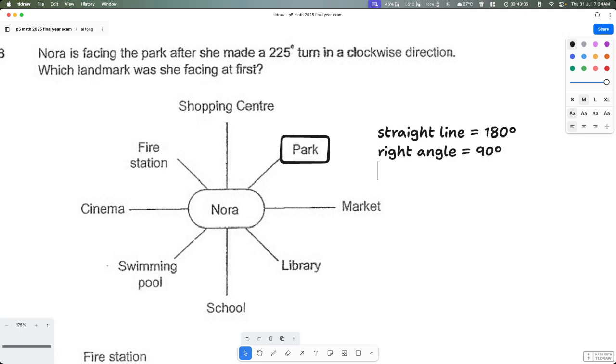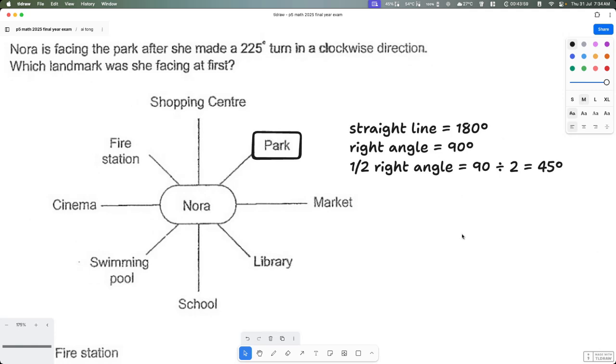And then half of a right angle is equal to 90 divided by 2, which is equal to 45 degrees.